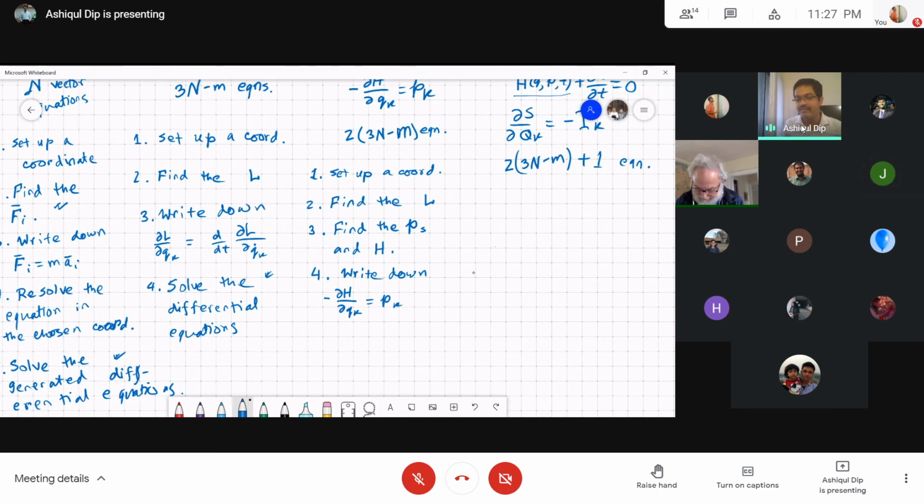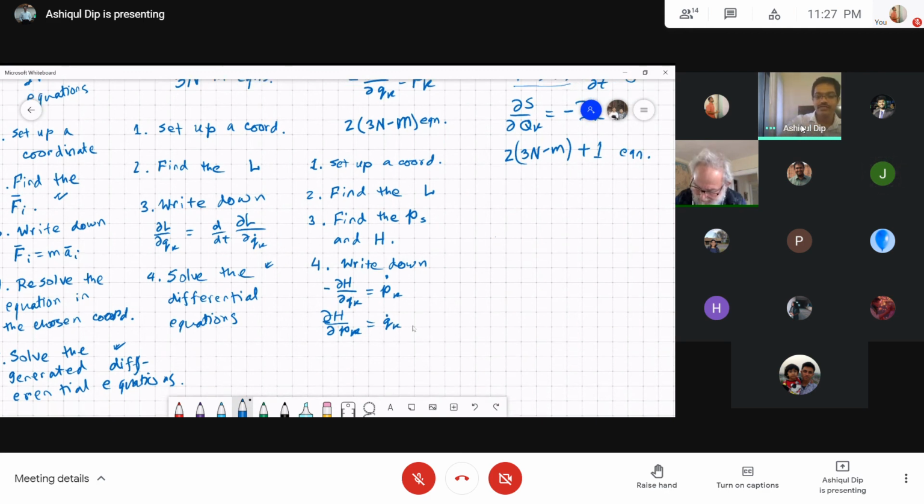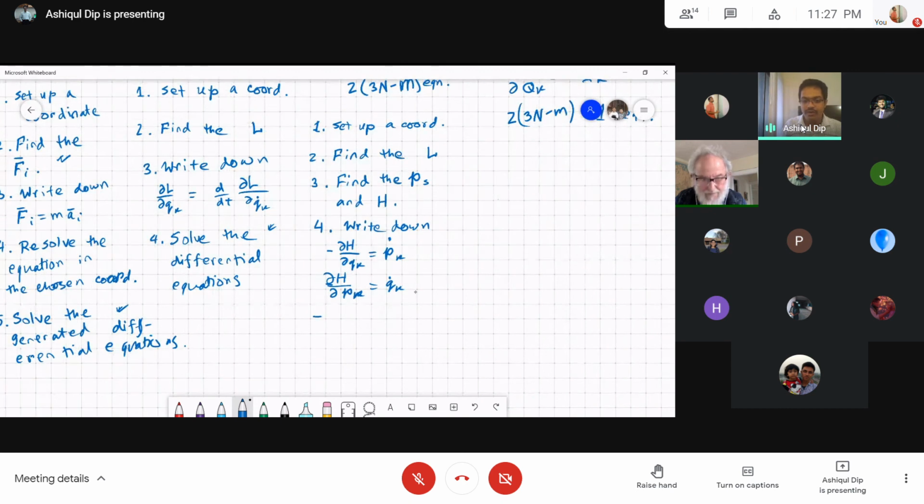That step is here: find the p's and H. Now you need to write down the explicit Hamilton's equations of motion. Now sometimes we would still solve the differential equations, but sometimes integration may be easier. Solve the coupled differential equations.